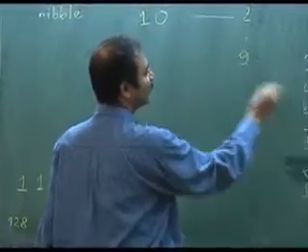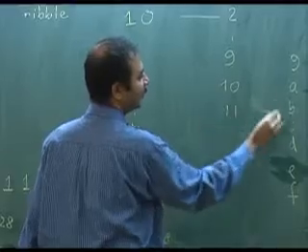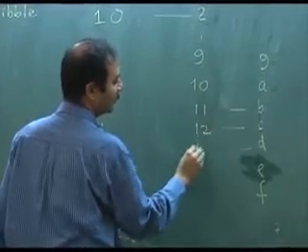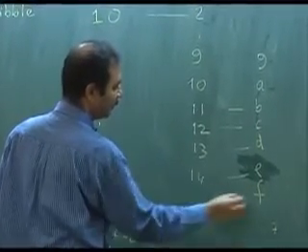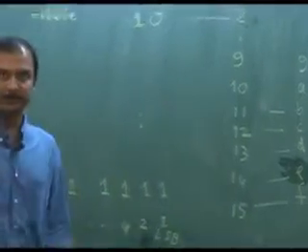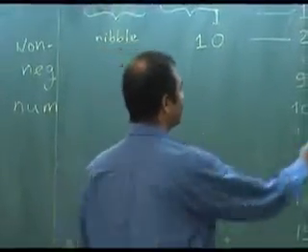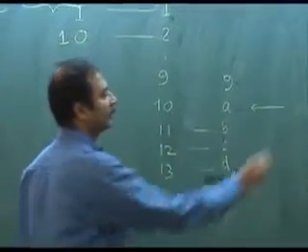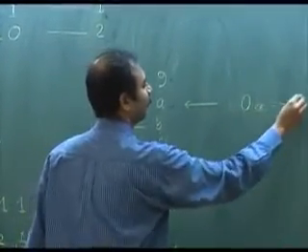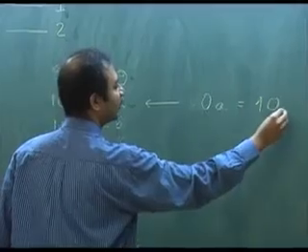So up to 9 is standard, A is 10, B is 11, C is 12, D is 13, E is 14, F is 15. Okay? So in this system, if I write 0A, that number corresponds to just 10. That is 0A. 0A hex is equal to 10 decimal.